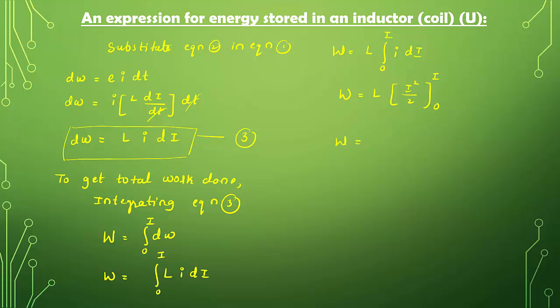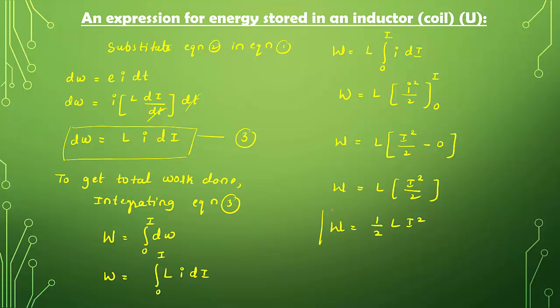Applying the limits, upper limit minus lower limit, W equal to L into I square by 2 minus 0. Or we can write L into I square divided by 2, or W equal to 1 by 2 L I square.